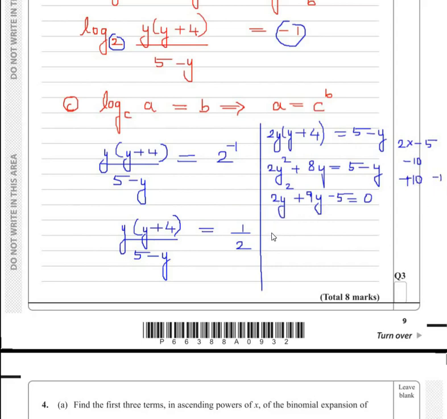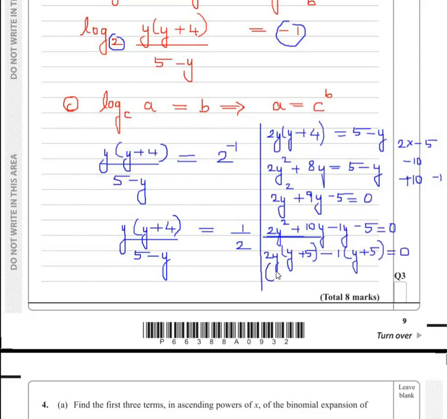So I'm going to split the middle term as 2y squared plus 10y minus 1y minus 5 is equal to 0. Now factorizing it, I'm going to take the common ones out. 2y (y plus 5) minus 1 (y plus 5) is equal to 0.